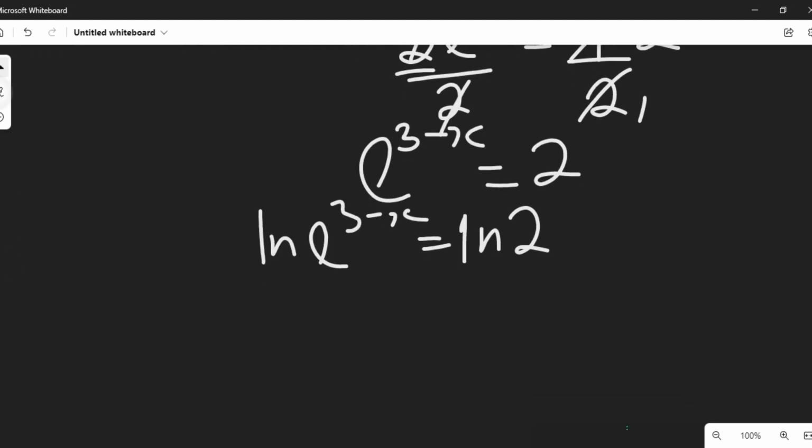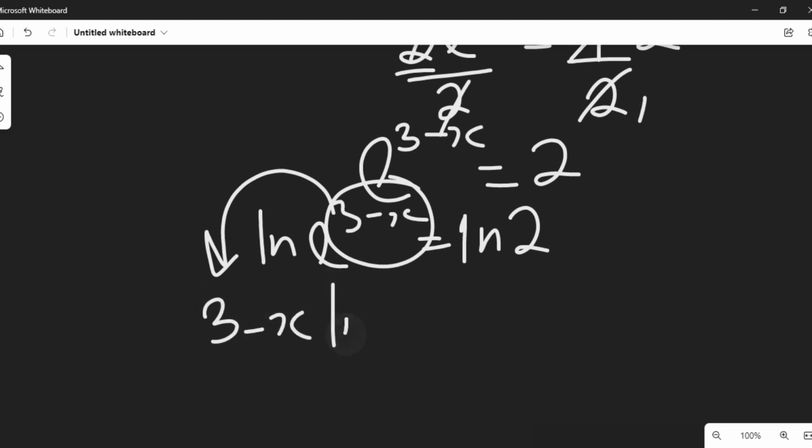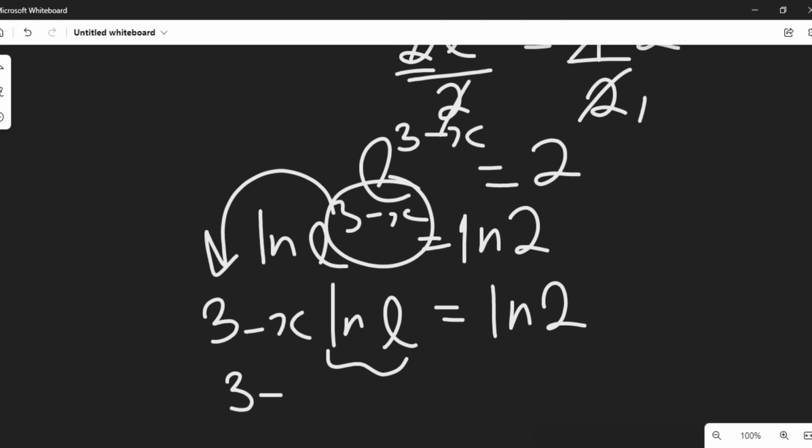Naturally, the power will come over here, and that will give us 3 minus x ln of e equal to ln of 2. Having gotten this, we realize that ln of e is automatically 1, so that will give us 3 minus x equal to ln of 2.